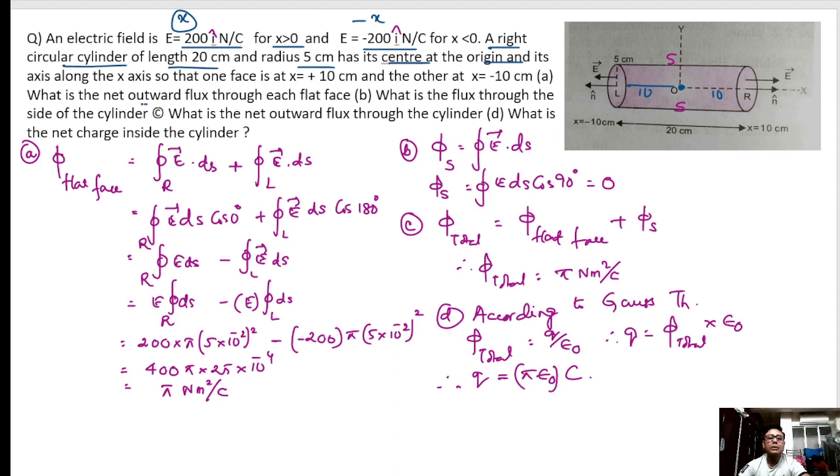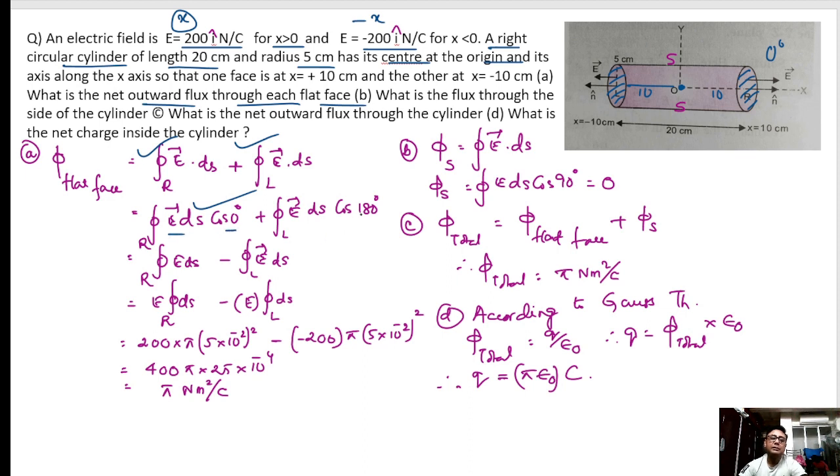What is the net outward flux through each face? So flat faces. This is one flat face and this is one flat face. Through this flat face, electric field is this, normal is this, so the angle will be 0 degrees here. For both the flat faces, at the right it will be 0 degrees between the normal and the electric vector, so it's cos 0.